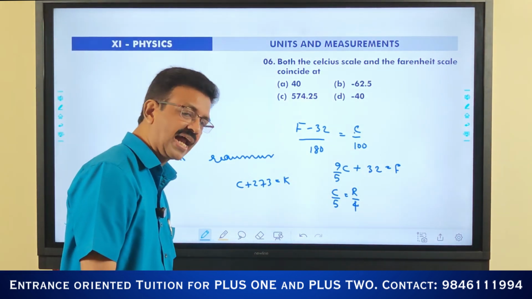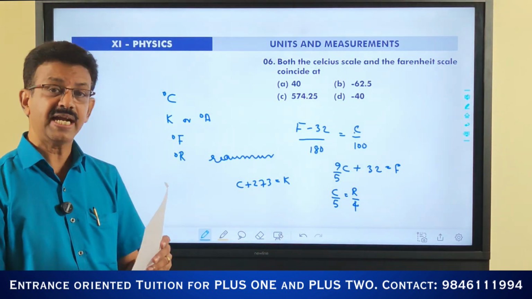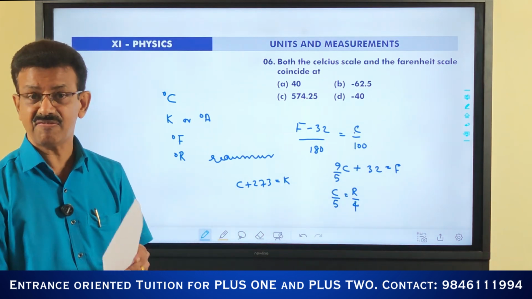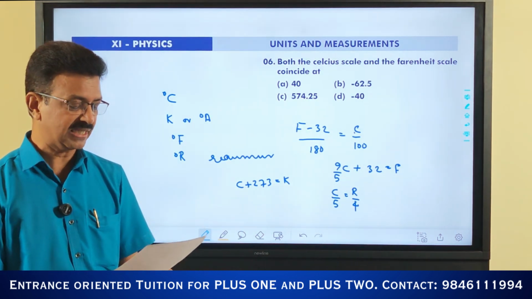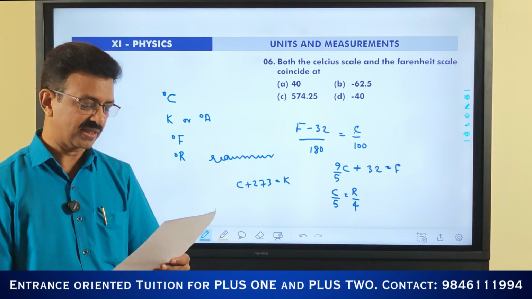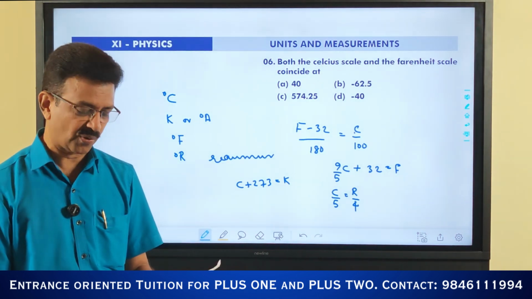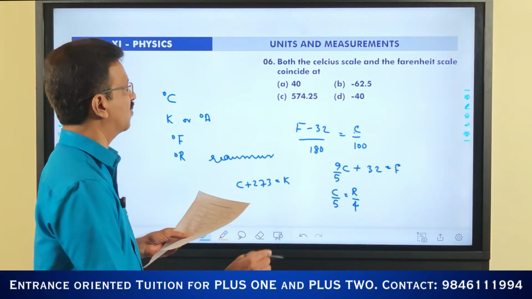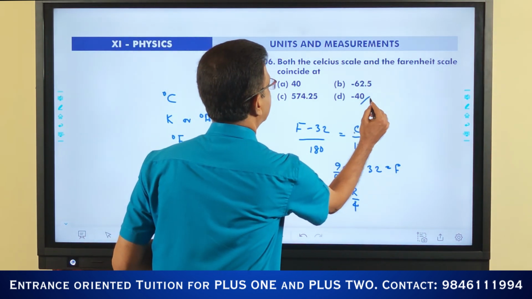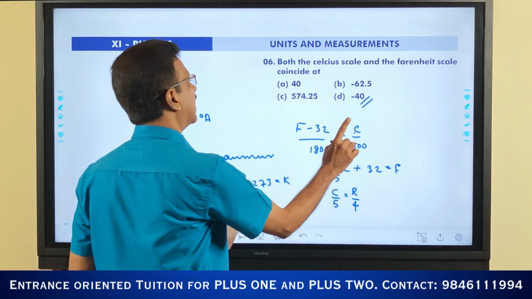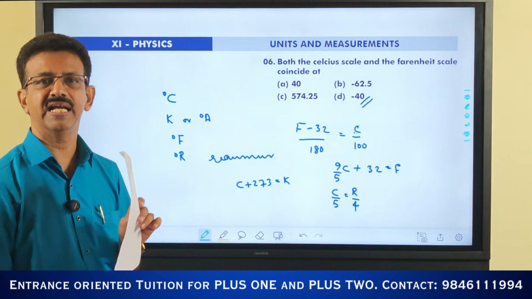Now, here the answer is the coinciding point of Celsius scale and Fahrenheit scale, that is minus 40. Therefore, for the given question, the correct choice is D, minus 40. That is, D choice is the correct answer. Minus 40 is the coinciding reading.